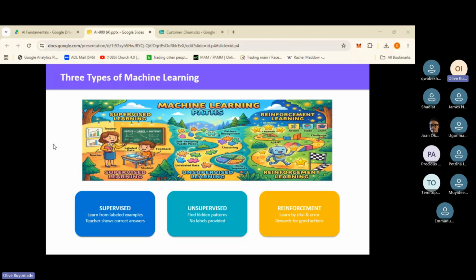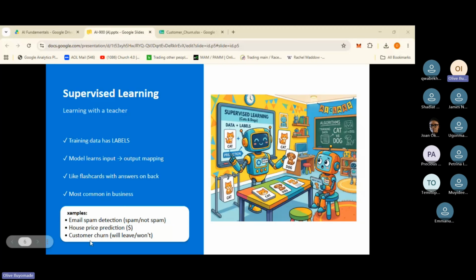So let's move to our next slide. We're going to look at supervised learning in more detail. Supervised learning, as I said, is like learning with a teacher. The data that you give the machine has labels, so the model learns the input and output mapping.